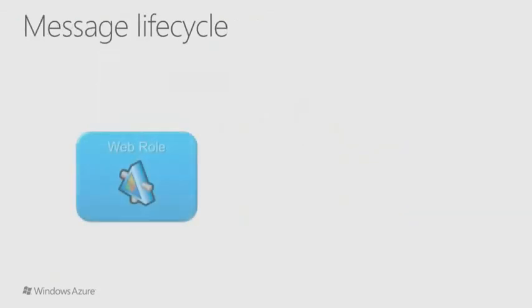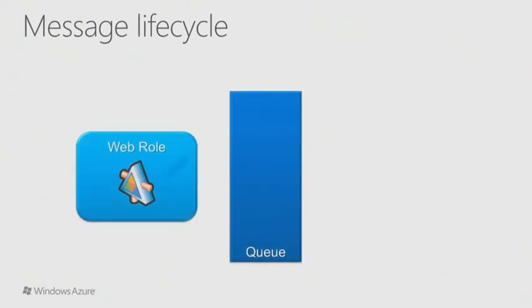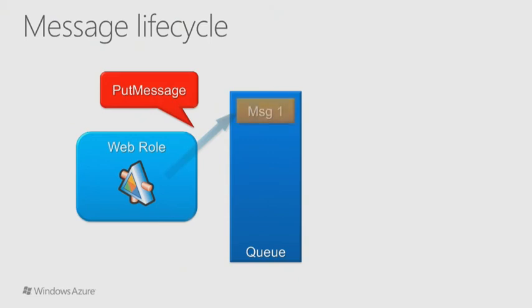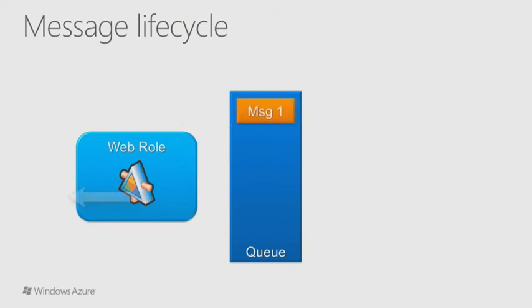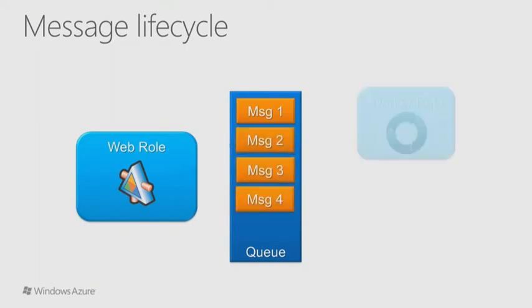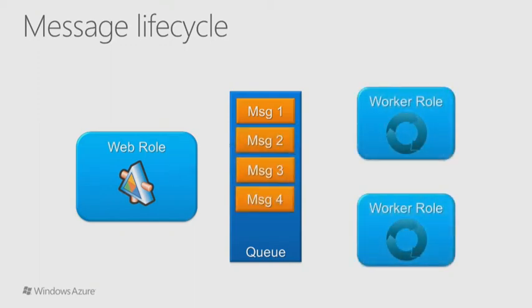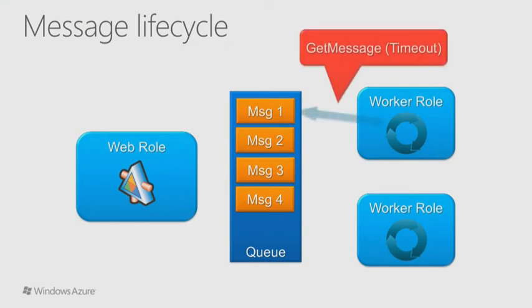So what does that look like? Let's say I've got a web role that's out there and a queue. That web role receives a request, it calls put message, it dumps that message onto the queue, and obviously it can put multiple ones on there. In this case, I've got a couple of worker roles that are pulling that data off. The first worker role goes out there and says, hey, give me something to do, I'm bored.